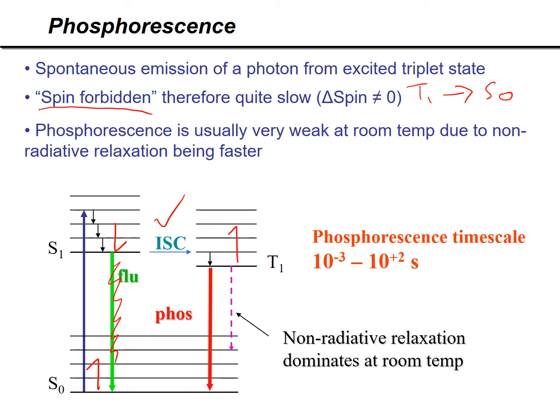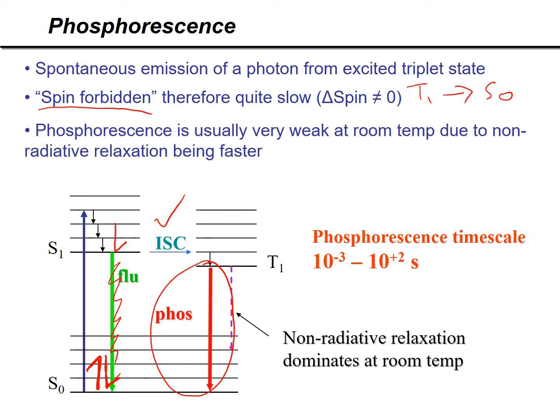And we indicate that we've got triplet spin by drawing the electrons both pointing the same way. And then what happens is we go from the triplet state back down to the ground state, and that's the phosphorescence. That's this bit here.